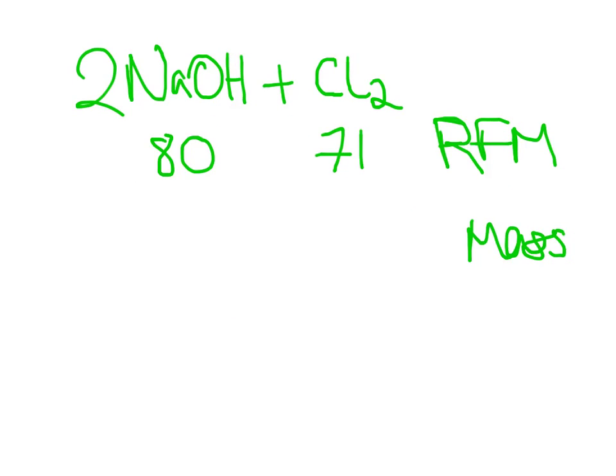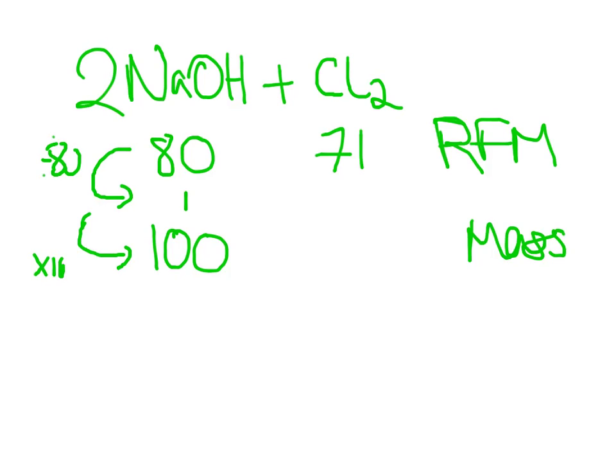Okay, and the other method is to say, well, here's what I know. I want to make 80 equal to 1 and then multiply up to 100. So what do I divide 80 by to get to 1? Well, I divide it by 80. And then I need to times 1 by what to get to 100? Well, I times it by 100.